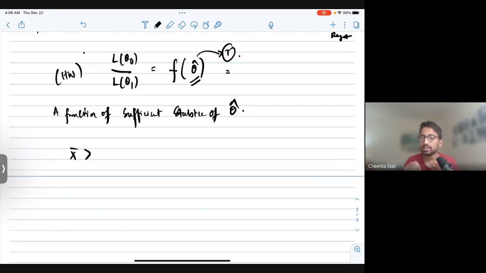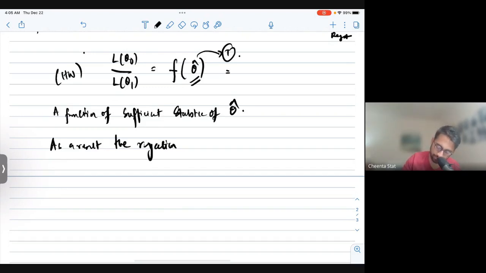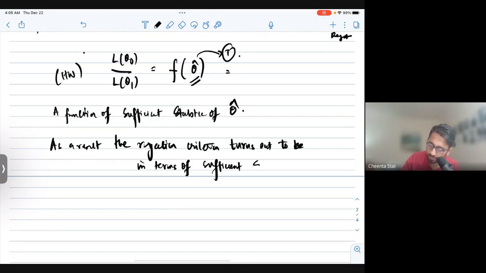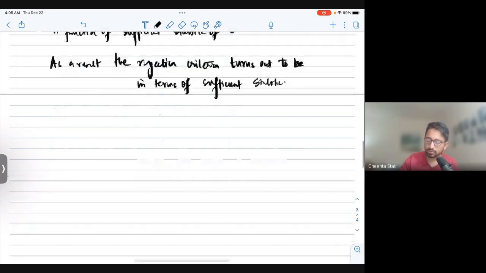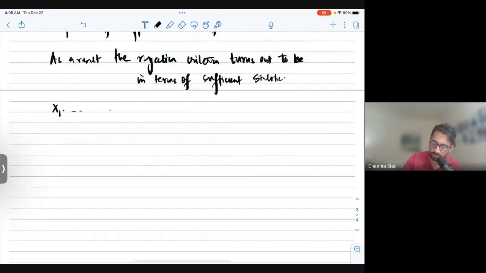For anything, the rejection criterion turns out to be in terms of the sufficient statistic.